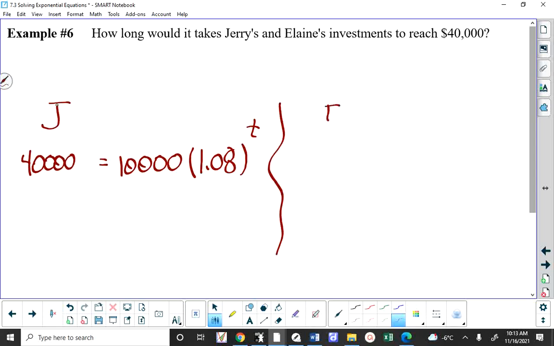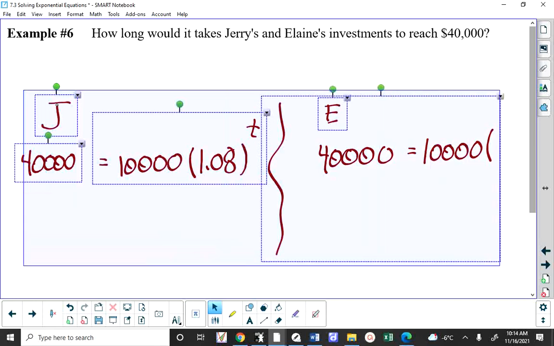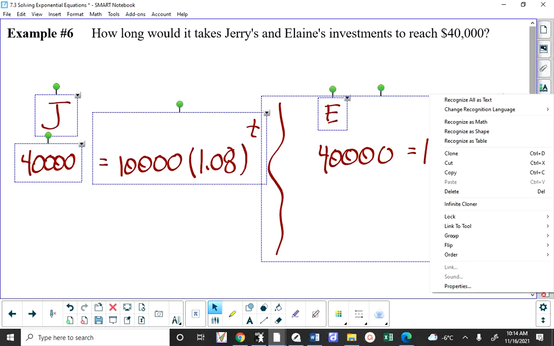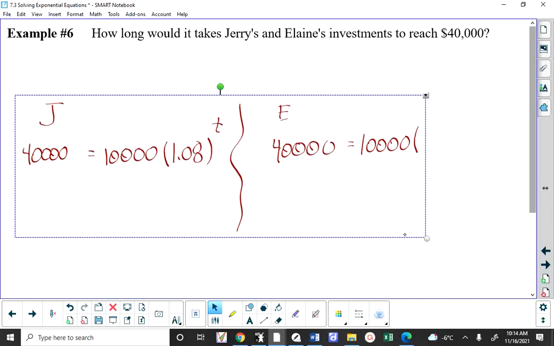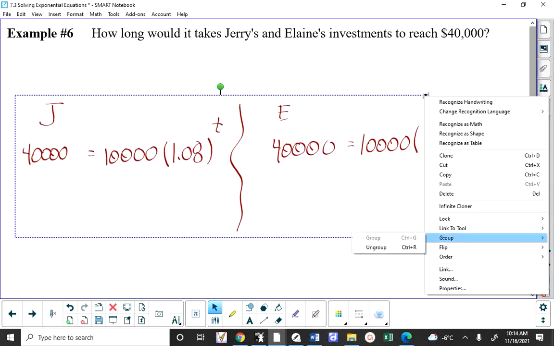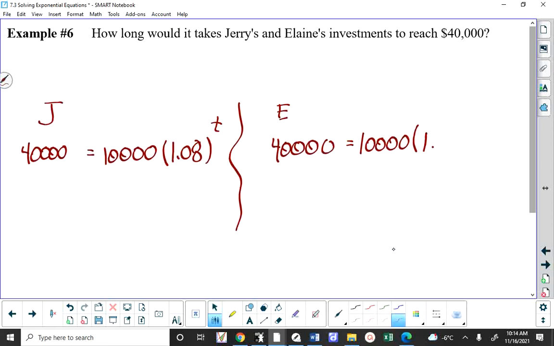Elaine's is 40,000 is going to be equal to 10,000 times 1.02 raised to the t over 0.25. So you have to solve each of these equations, but you don't know how to solve them algebraically, which means you have to solve them graphically.